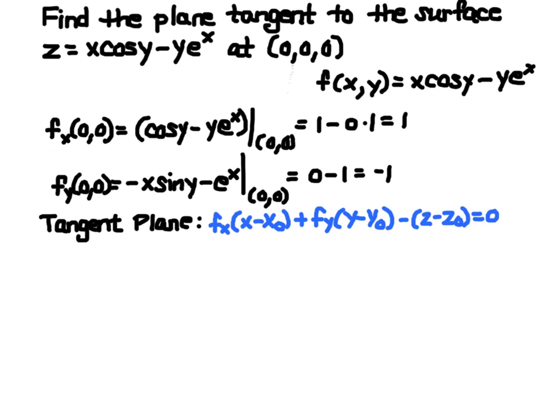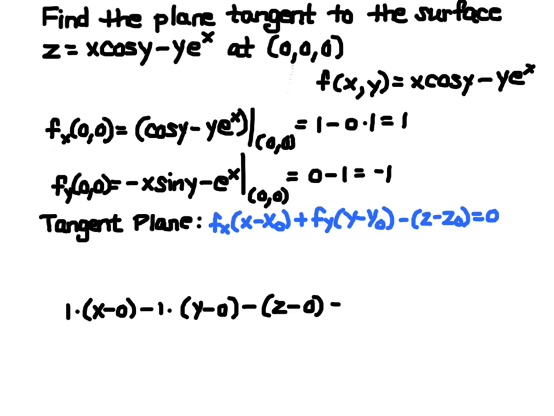So using our equation for the tangent plane, we end up with the partial derivative of f with respect to x, which is 1, times x minus x naught, which is x minus 0, minus 1 times y minus y naught, which is 0, minus z minus z naught, which is 0.